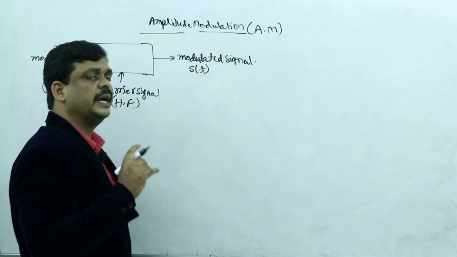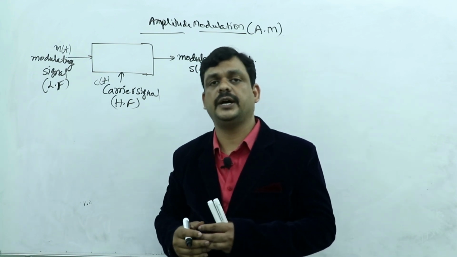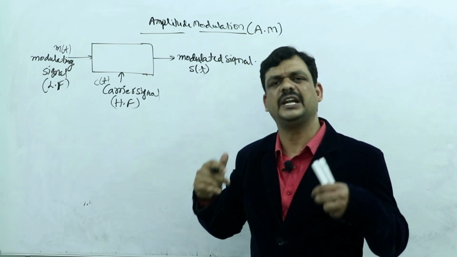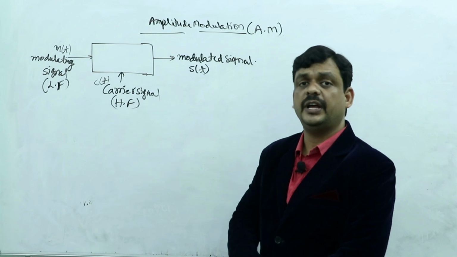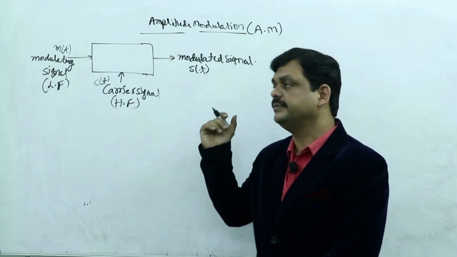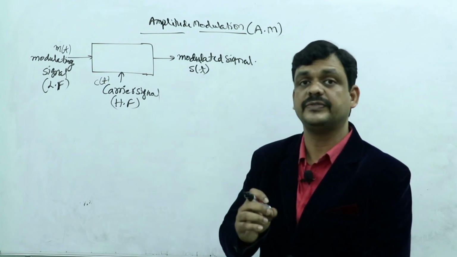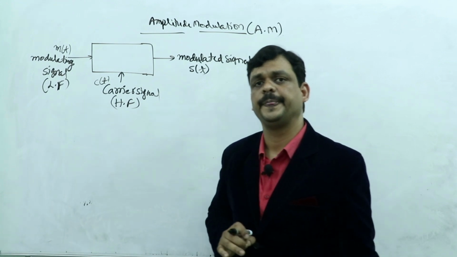Please remember this representation. In this subject, if I write S of t, immediately we have to assume that it is a modulated signal. If I write M of t, then it is a modulating signal. C of t explains the carrier signal. Please remember these points.